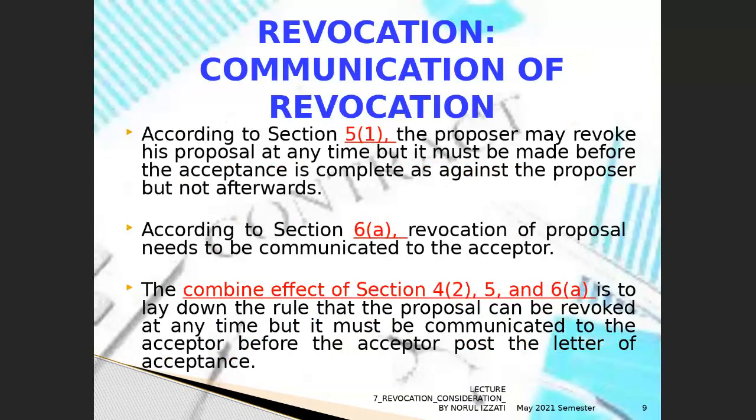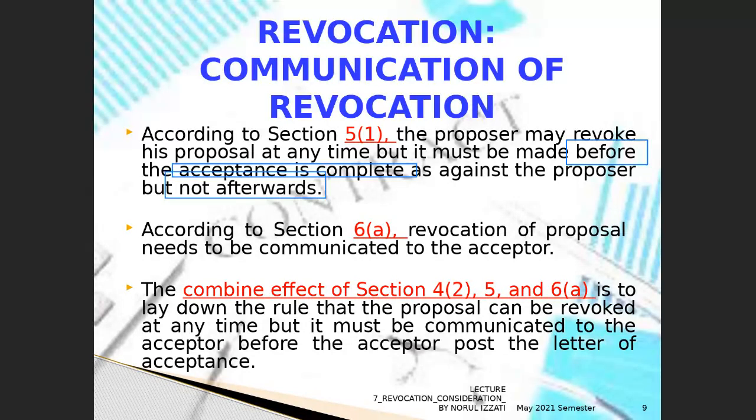According to section 5 in the Contract Act, the proposer may revoke his proposal at any time, but I would like to highlight this sentence: it must be made before the acceptance is complete. Look at the word, not afterward.